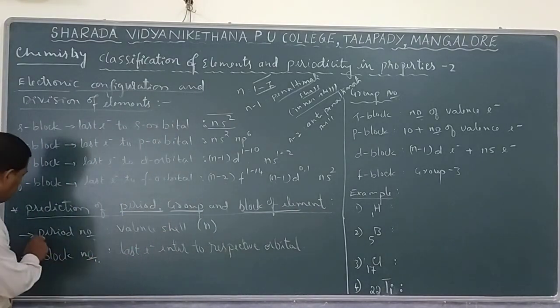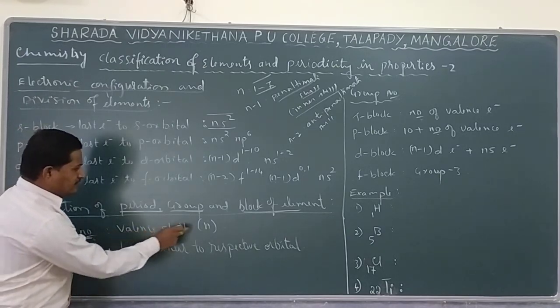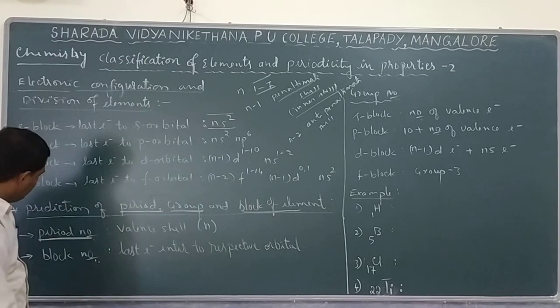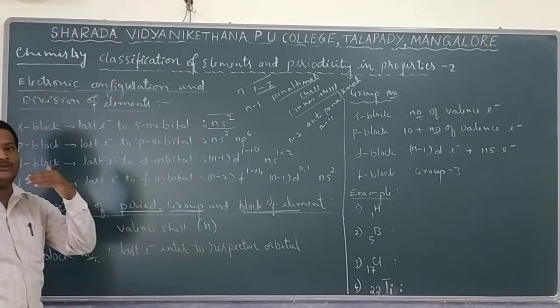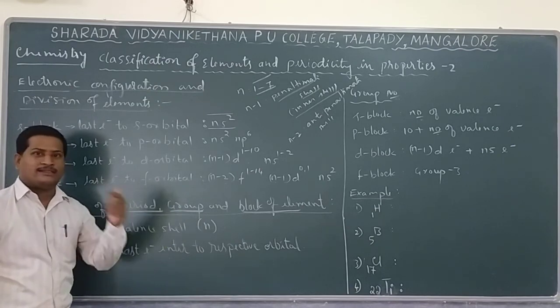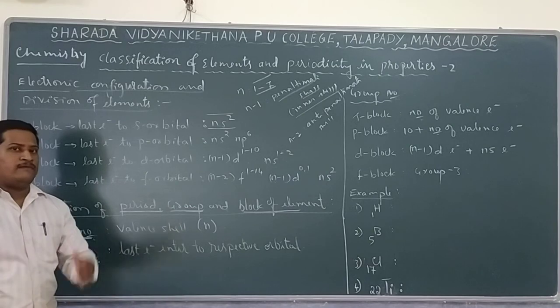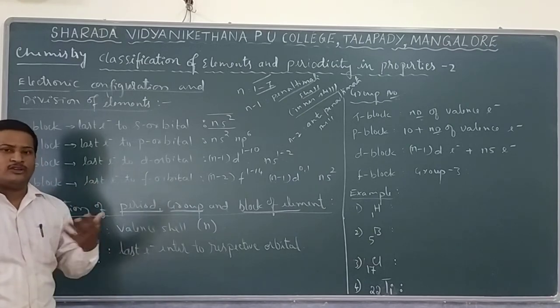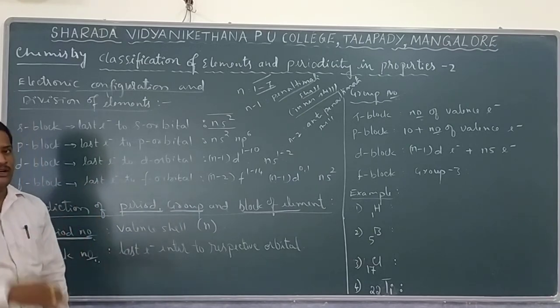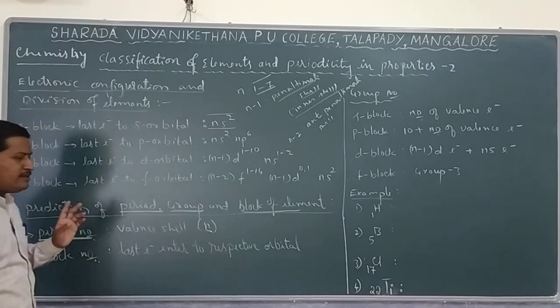For the period number, we use one criterion, that is the valence shell. The valence shell tells about the period number. So you have to write the electronic configuration: for that atom or element, find out the number of electrons present, that is the atomic number, and write the electronic configuration. In that, the valence shell tells about the period number.